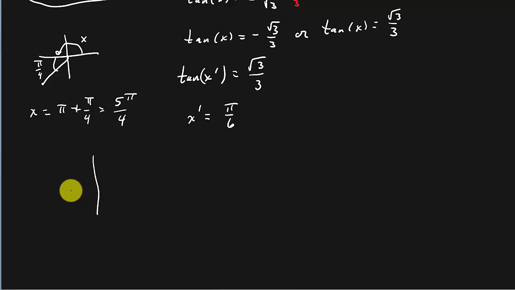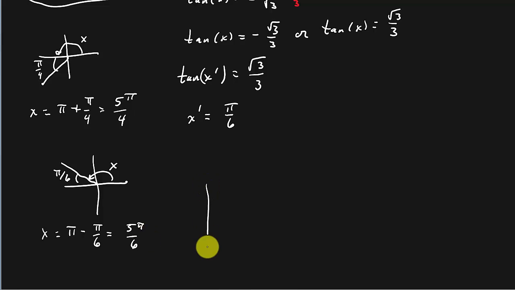So now I'm looking for when tangent is negative. Well, it's negative in the second quadrant. There's my reference angle, pi over 6, and that's x. So x is pi minus pi over 6, which is 5 pi over 6. And then for this one, we've got our solution in the fourth quadrant.